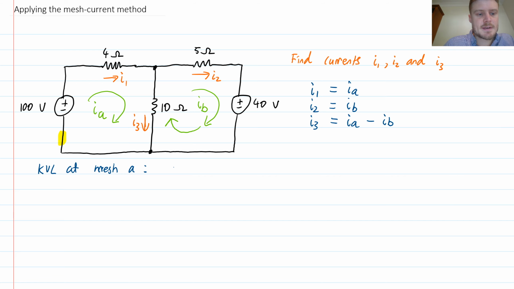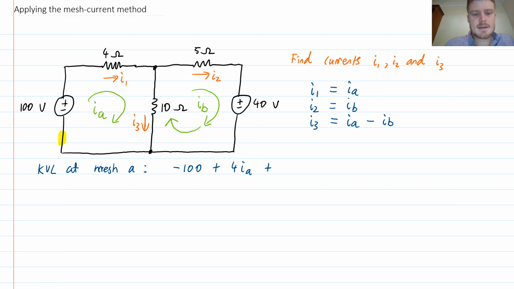I will first encounter a negative 100 volts. Approaching from the bottom, I get the negative sign of that source. Then I will get this resistor, and I can use Ohm's law here. Ohm's law tells me that this voltage, V equals IR, current times resistance. Resistance is 4, current is IA, so I always use the mesh currents.